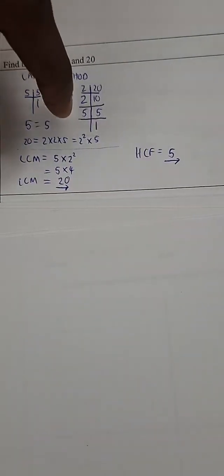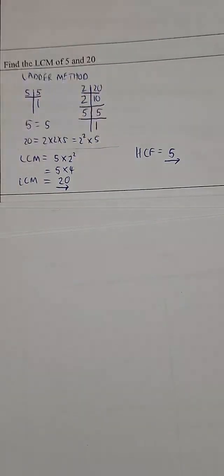So the difference between the lowest common multiple and the highest common factor when using the ladder method is in how you select your answer. For the LCM, you choose the common base with the highest exponent.